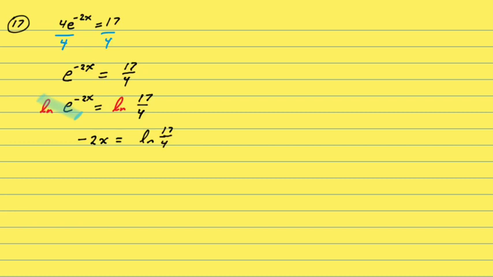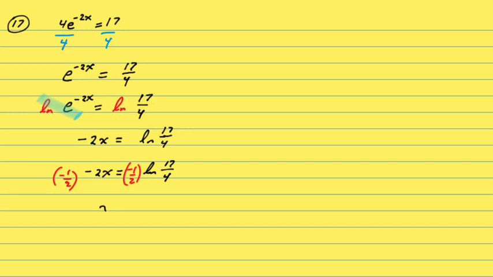Then to get rid of the negative 2, you could divide by negative 2, or you could multiply by negative 1/2. I really never like fractions in a fraction, so I might multiply by negative 1/2.